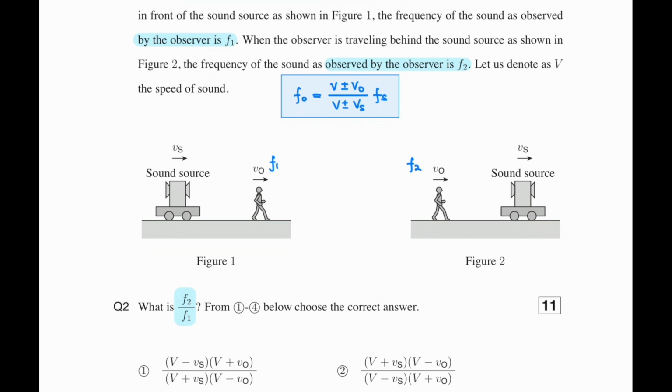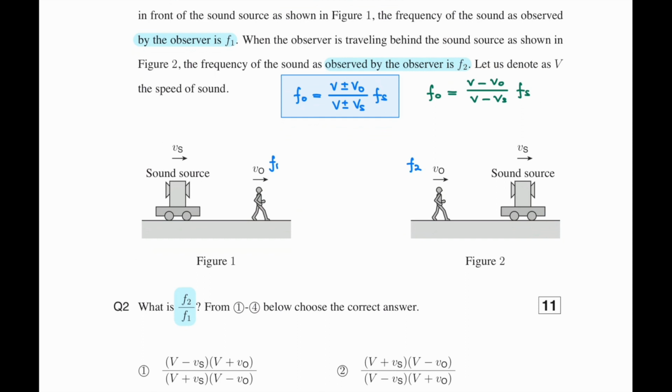When I use the Doppler effect, instead of this general equation, I usually use this one: FO equals V minus VO over V minus Vs times Fs. I usually use this one, and then I will make a sign convention.